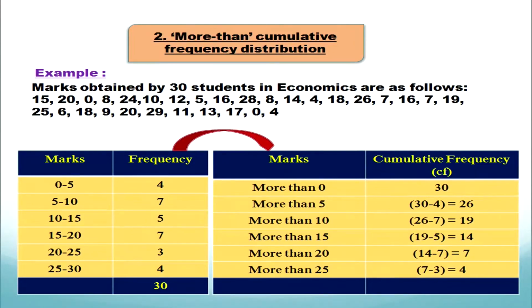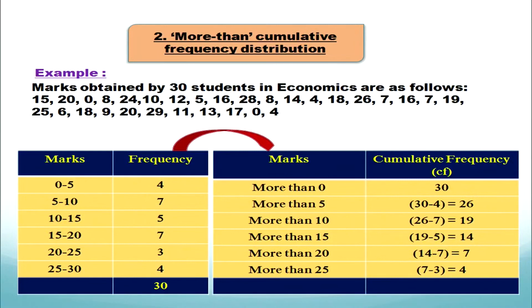That means 26 minus 7, that comes to 19. Likewise, for more than 15, it would be 19 minus 5, 14. More than 20, 14 minus 7 is equal to 7. More than 25, 7 minus 3 is equal to 4.